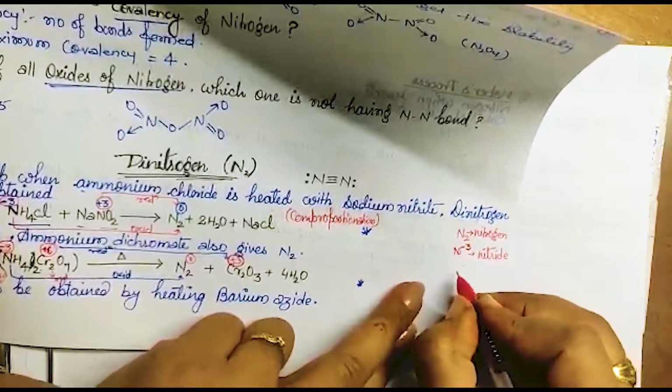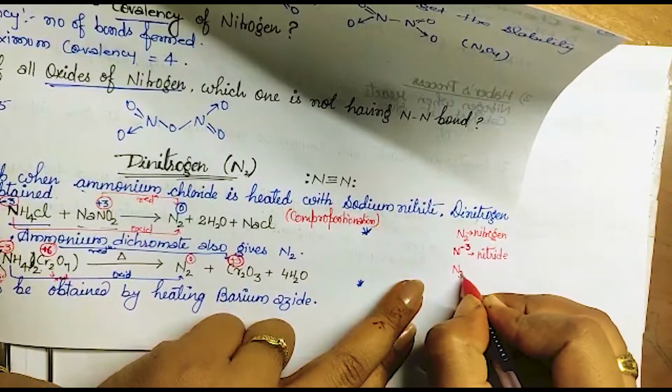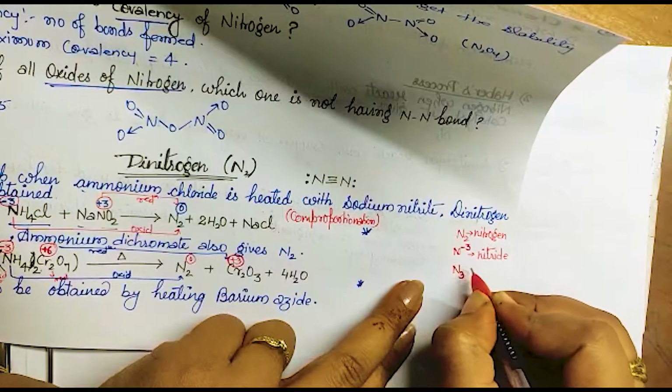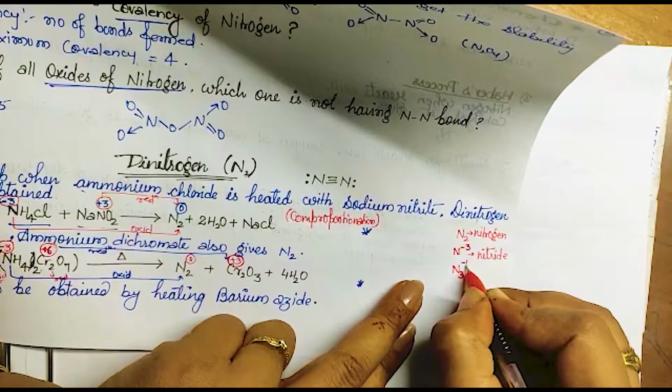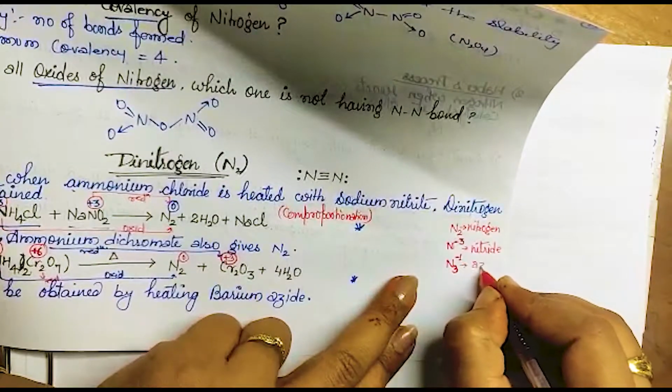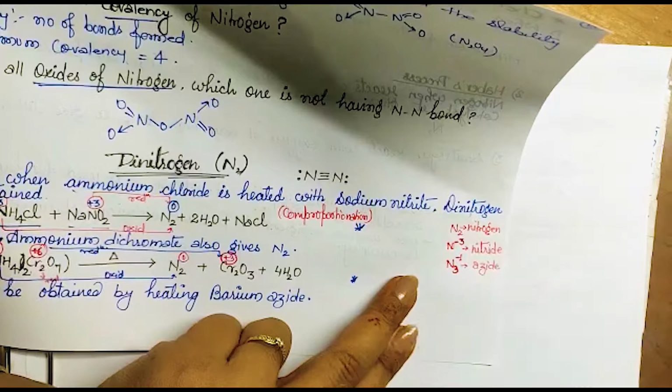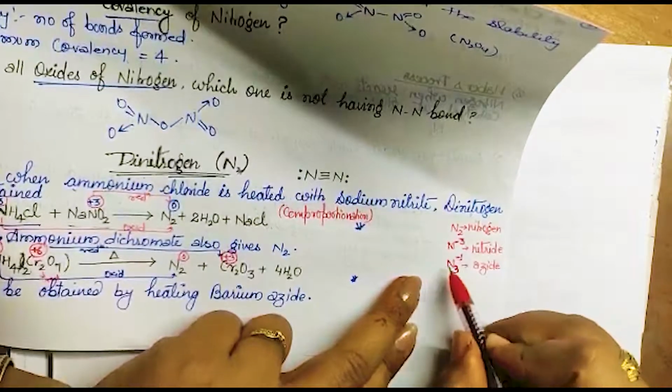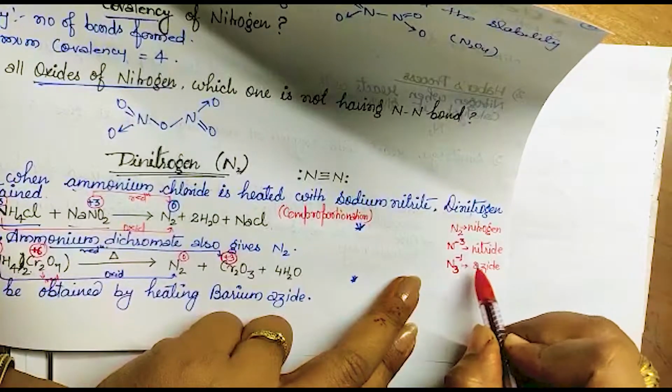And if 3 nitrogen is having -1 charge, then it will be called azide. Yes, got it? If 3 nitrogen is having -1 charge, it will be azide.